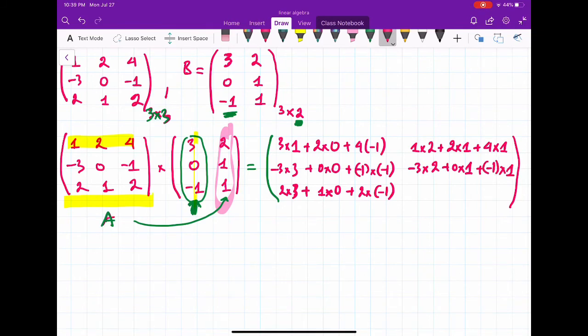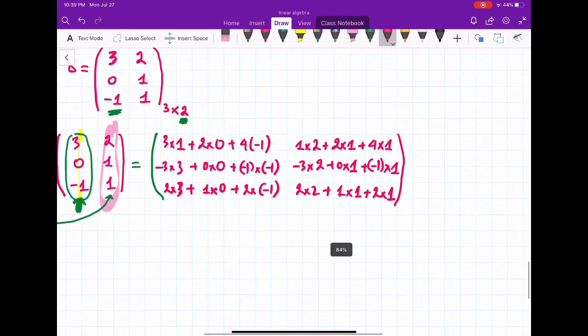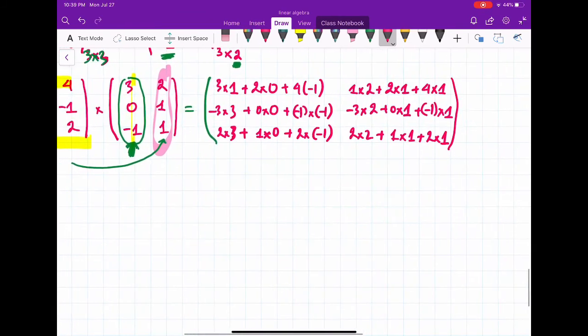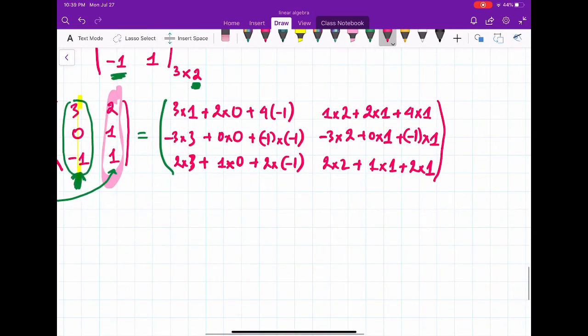And then the last row is 2 times 2 plus 1 times 1 plus 2 times 1. So we need to simplify everything in here and then we get the answer. All right, so in the first column, I have 3, 0 and -4, that is -1, okay?